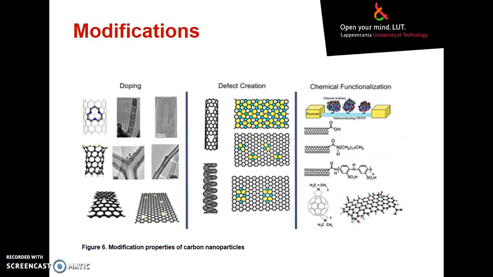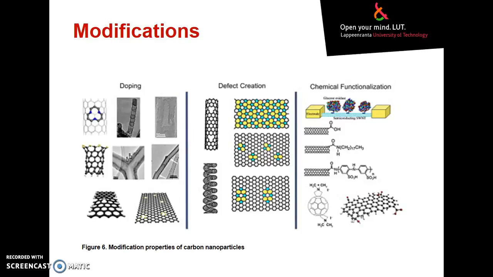There are three possible modifications. The first is doping, which means that we tune the electronic and chemical properties by introducing atoms such as nitrogen, boron, phosphorus, sulfur, or silicon. The second one is defect creation, which will enhance the surface area by the creation of vacancies, bond rotation, and introduction of non-hexagonal carbon rings.